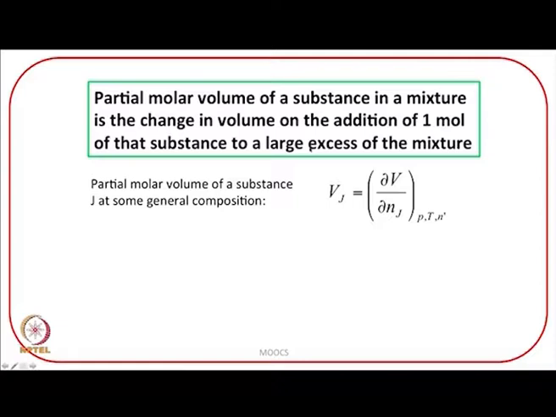Mathematically, we can write an expression for partial molar volume of a substance J. Vj we will read as partial molar volume of the substance J, which is given by the change in volume when 1 mole of that substance J is added at constant pressure, temperature, and composition of everything else held fixed.